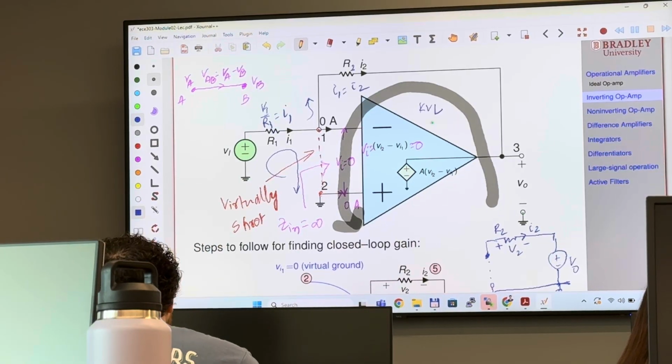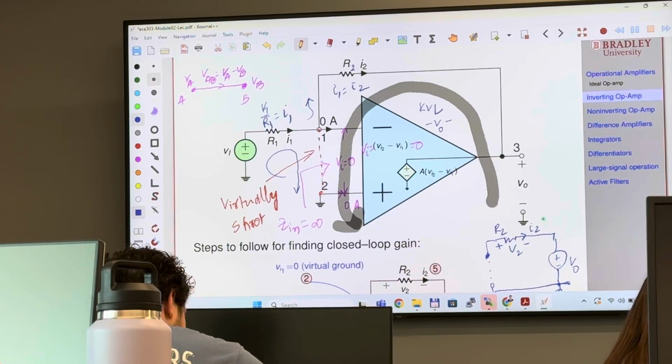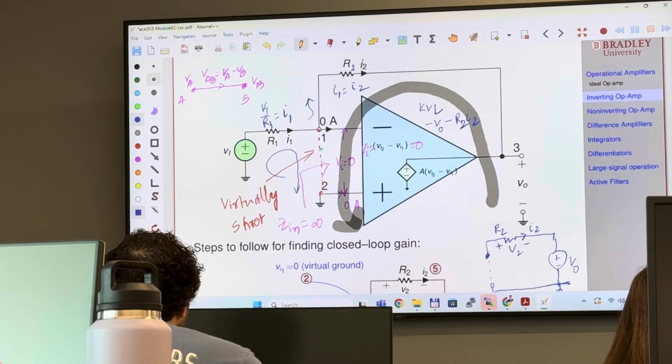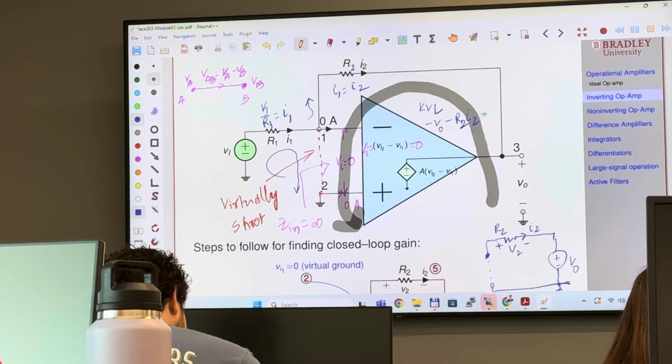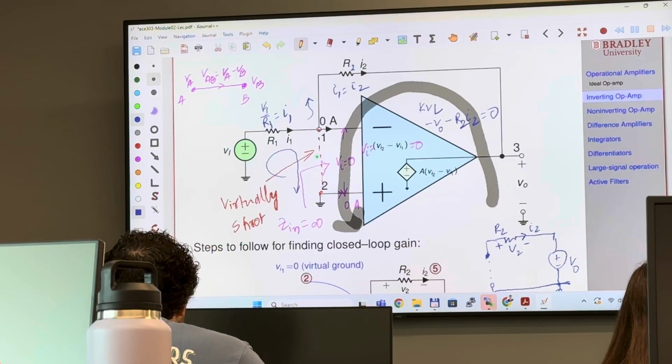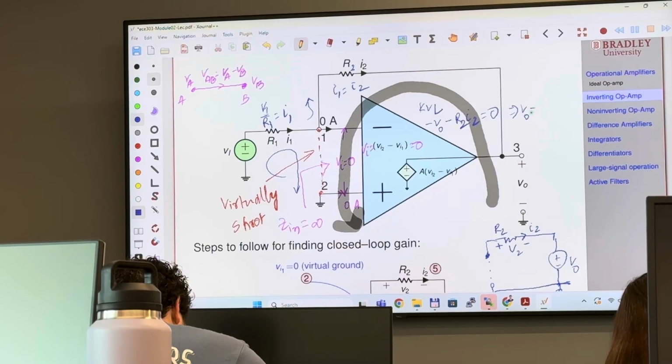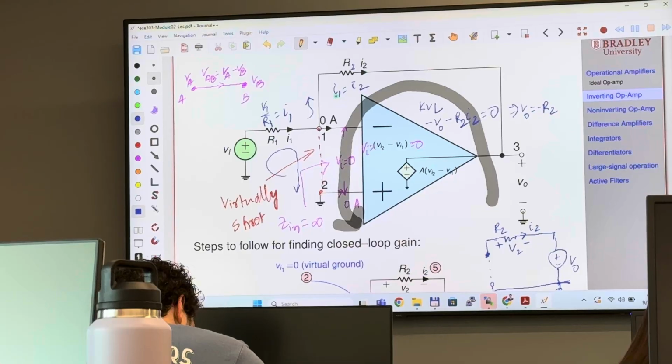I go here, I see negative V naught. Okay? I see negative V naught. And then here I see negative V2, which is I2 R2. So R2 times I2 equals 0, because this is a piece of wire, this is 0. So here you see that V naught is simply negative R2, and I2 equals I1, and I1 equals VI over R1.